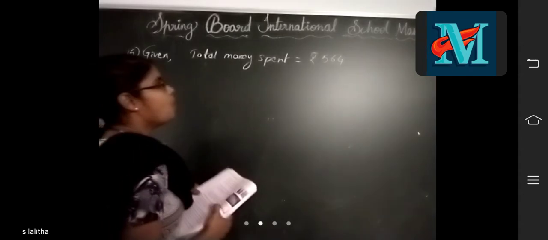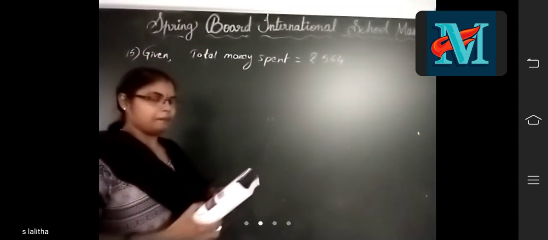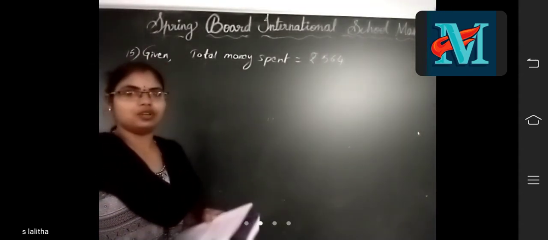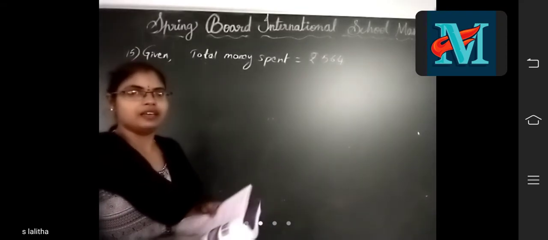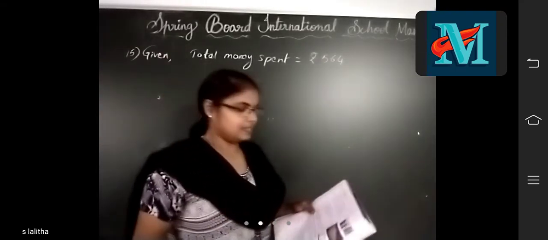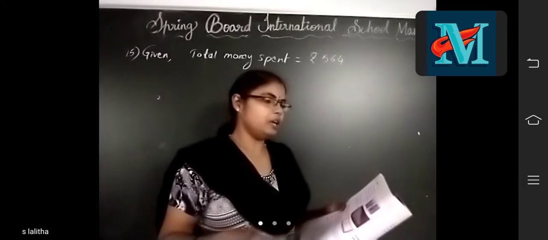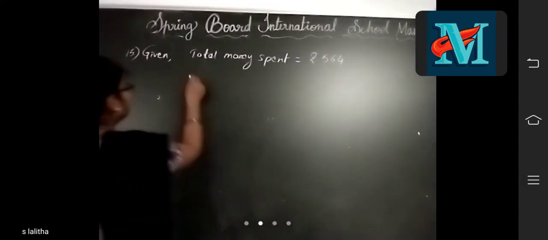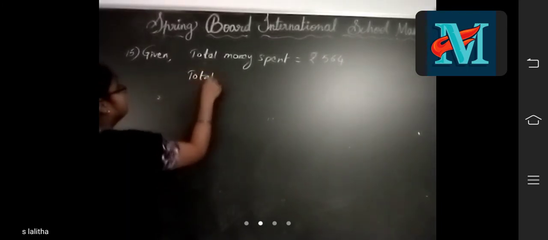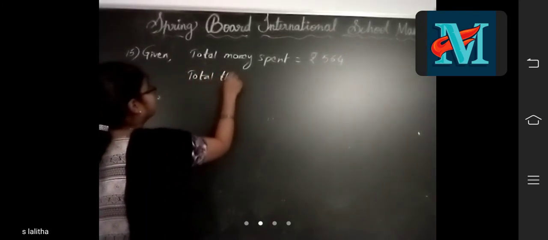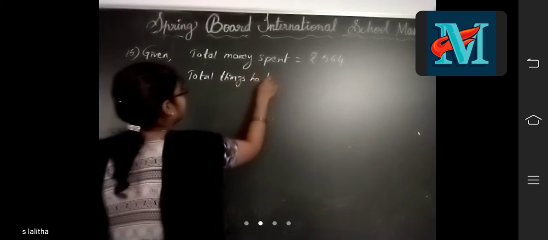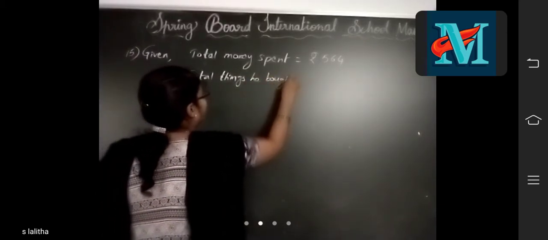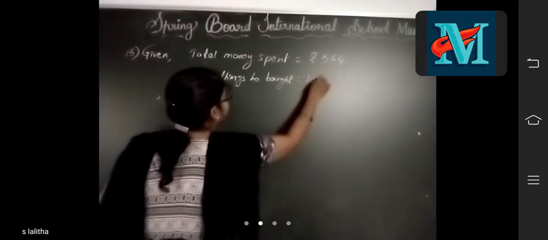We don't know how many pens and how many pencils. So total things he bought is 108.